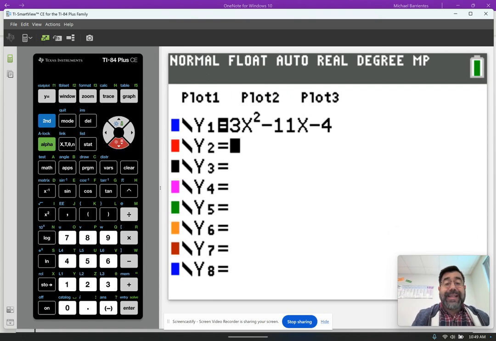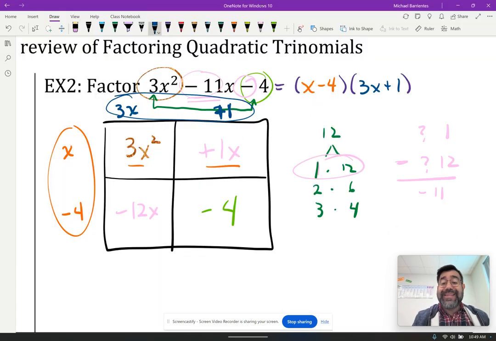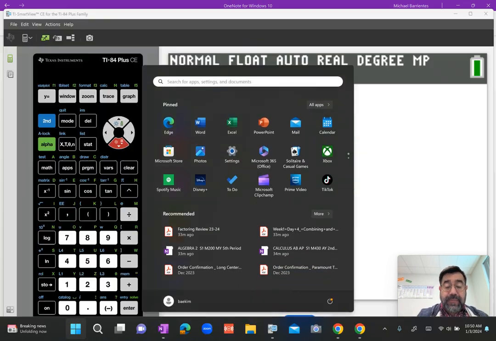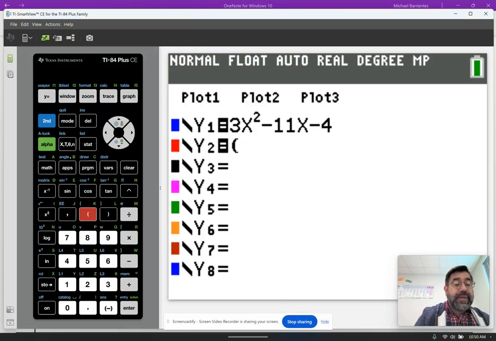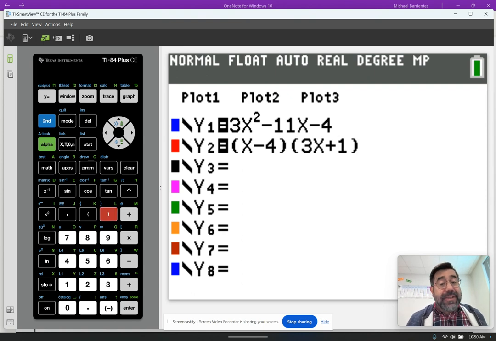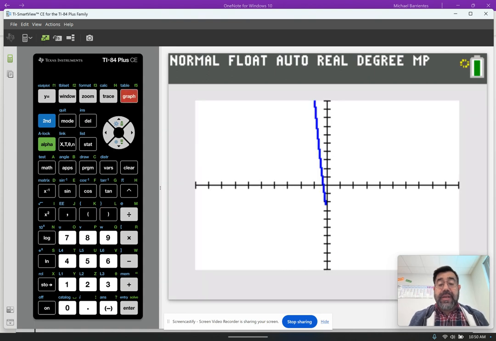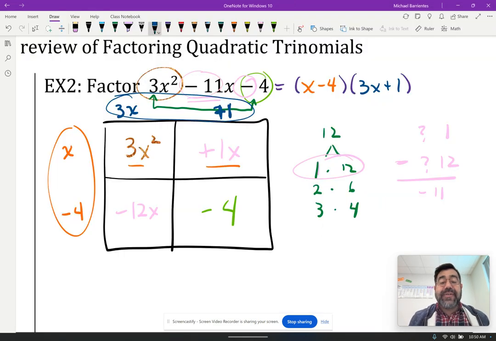Then in the second line, I'm going to write what I think the factored version is, which is x minus 4, 3x plus 1. And if I did everything correctly, I should see the same graph. Here we go. There's one graph, and there's the other graph. They're the same graph because they're equivalent, they're equal, and I did the factoring correctly.